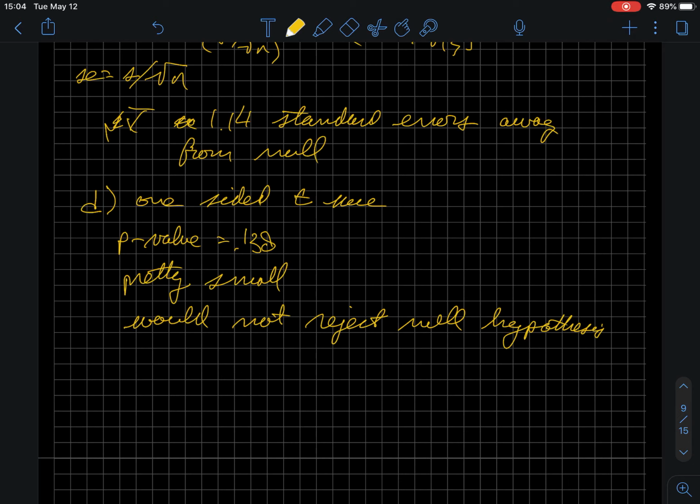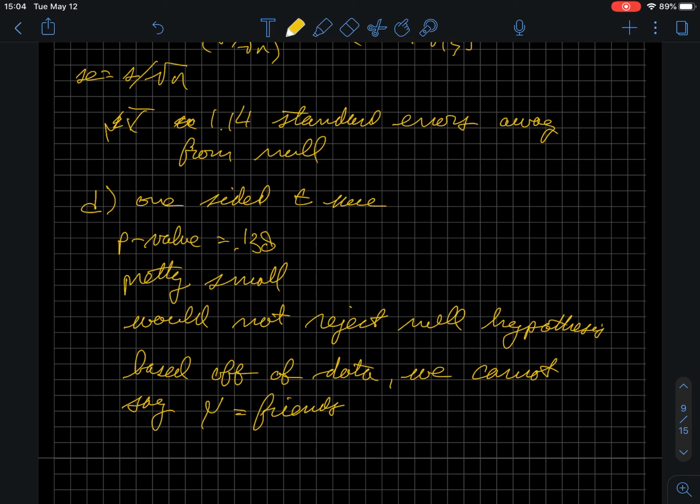Based off of these data, we cannot say that the average number of friends is different from 100.